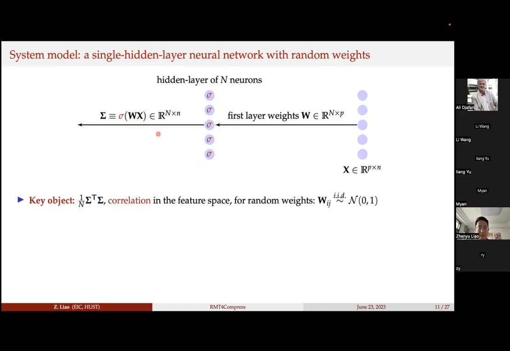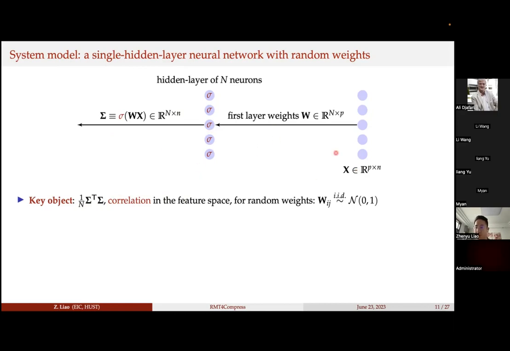So in this simple setting, we care about the behavior of this correlation matrix or this Gram matrix, Sigma transpose Sigma, which basically tells us what the correlation looks like after the transformation of the neural network.